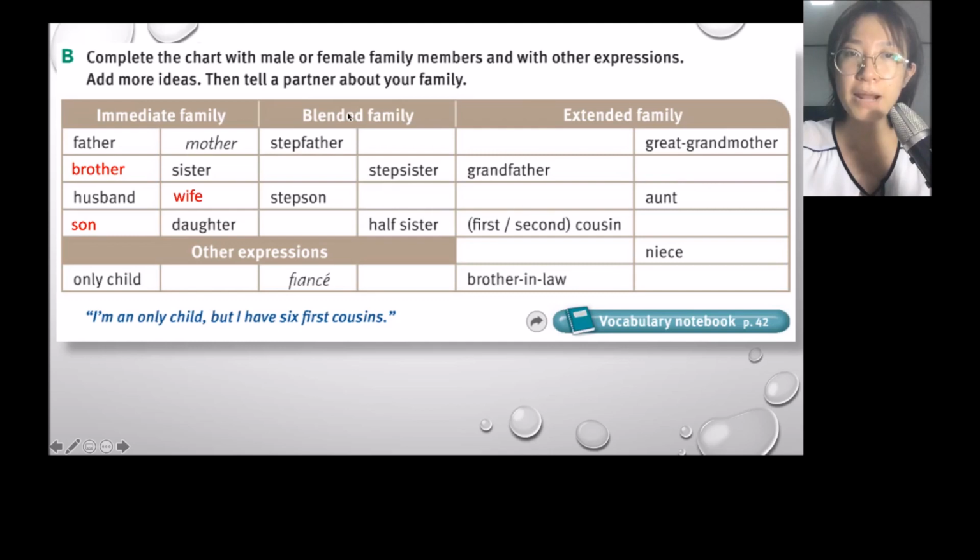And in a blended family, if your father and mother get divorced, and your mother marries another man, this man becomes your stepfather. And if your father remarries another lady, another woman, this woman becomes your stepmother.